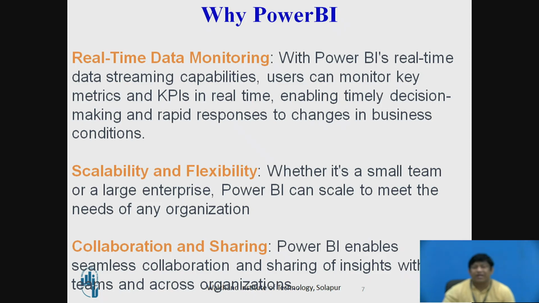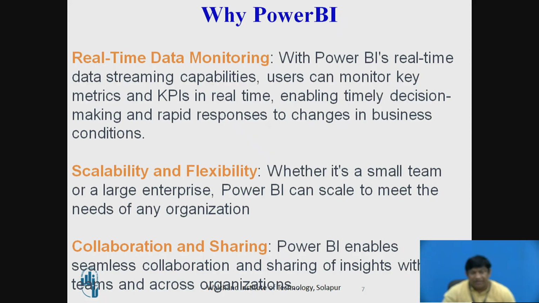Then real-time data streaming: here with Power BI's real-time data streaming capabilities, users can monitor key metrics and key performance indicators, that is KPIs, in real time, enabling timely decision making and rapid responses to changes in business conditions.